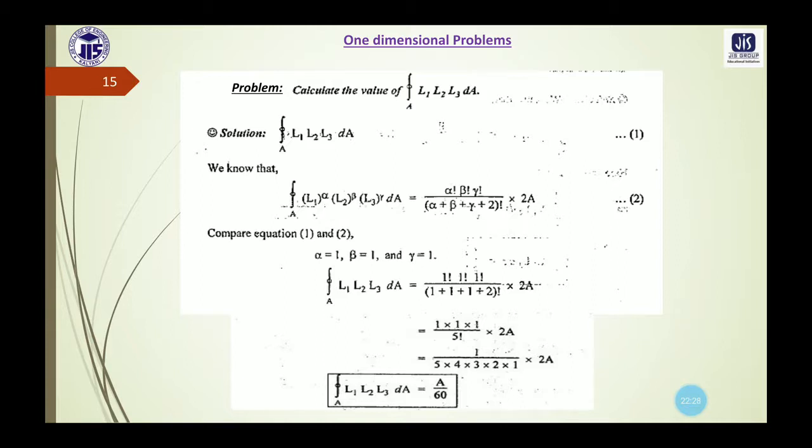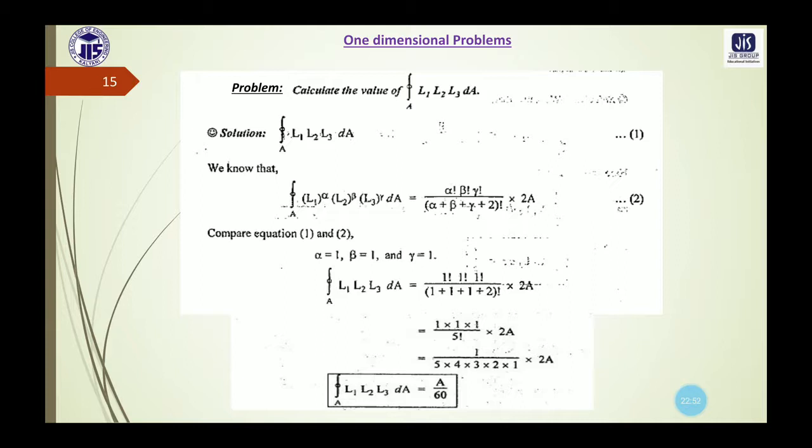So this is the concept of the factorial. If we do this multiplication, we will get the value of the given numerical: A by 60. So this is the procedure by which we need to solve this numerical.